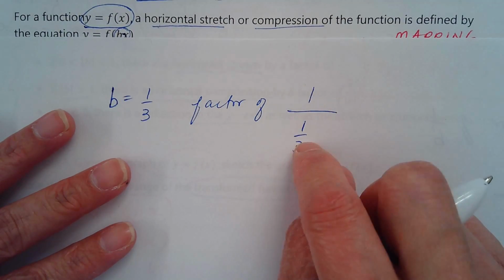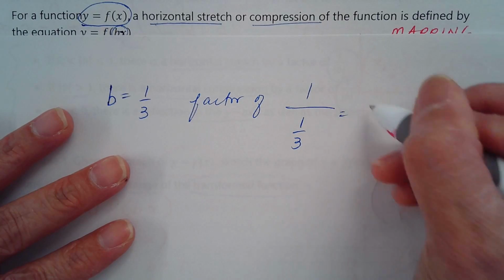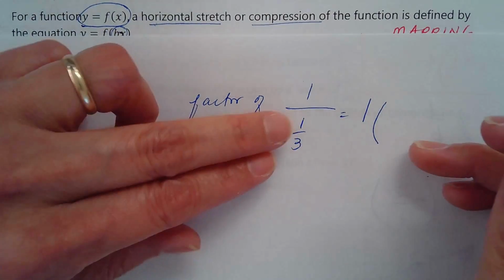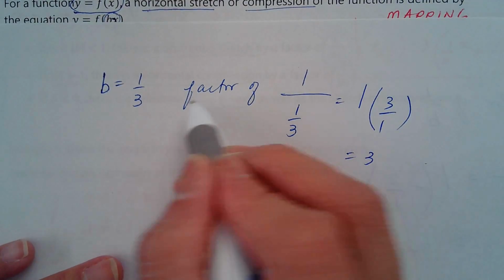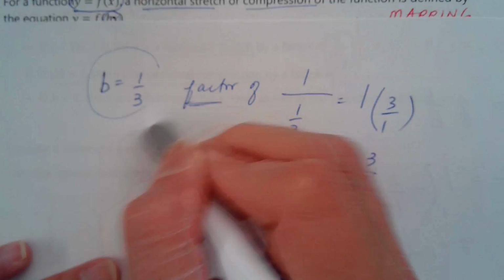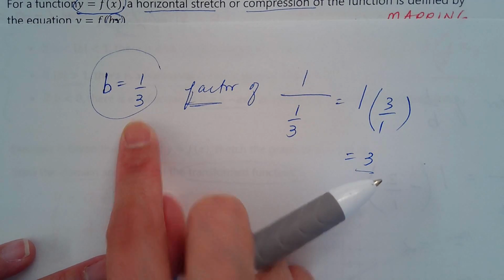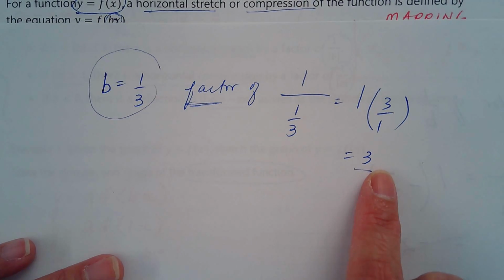If we do 1 divided by 1/3, that's the same thing as 1 times the reciprocal, so 3 over 1, which is 3. So the factor is 3. Even though b is 1/3, the factor is 3.